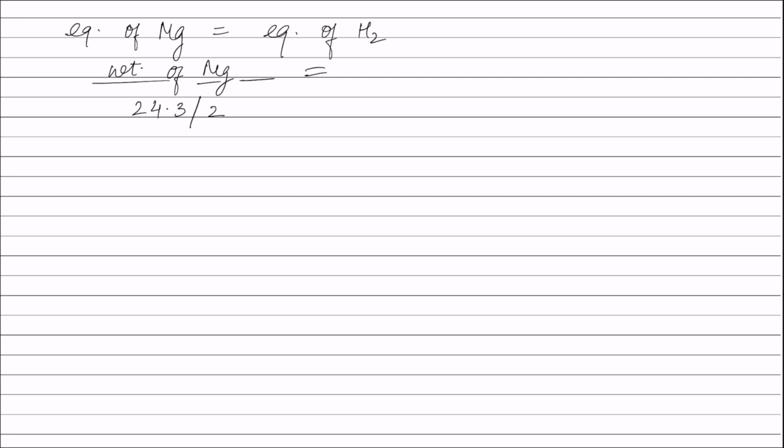Equivalents of hydrogen will be equal to volume of hydrogen evolved, that is 109.2 milliliters, divided by equivalent volume of hydrogen, that is 11,200 milliliters. Solving this equation, we get weight of magnesium equals 0.1185 gram, and from the same equation we get equivalents of magnesium equals 0.00975 equivalents.